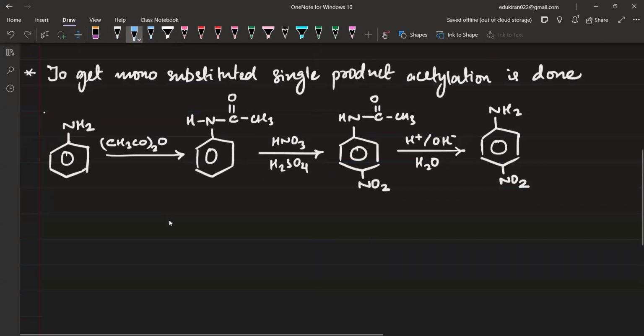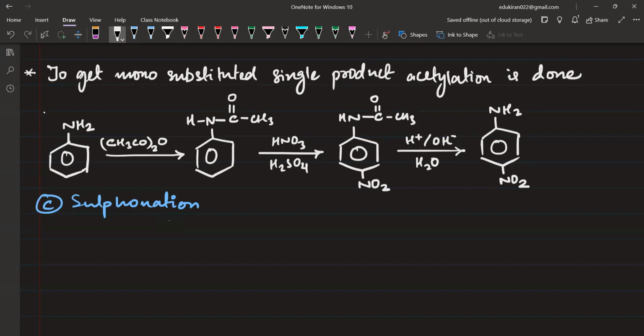After this, you'll write the next reaction, which is sulfonation. The sulfonation reaction occurs when you have aniline.